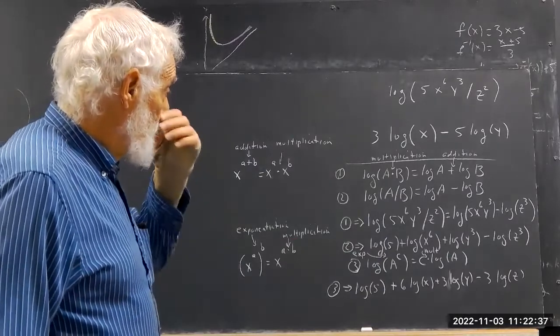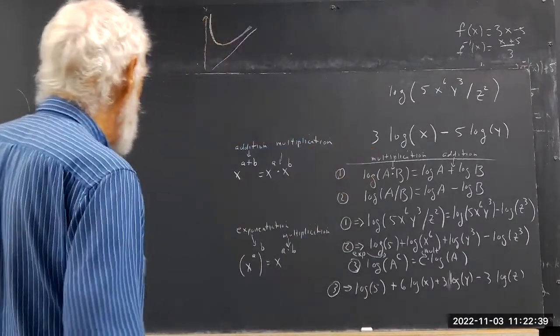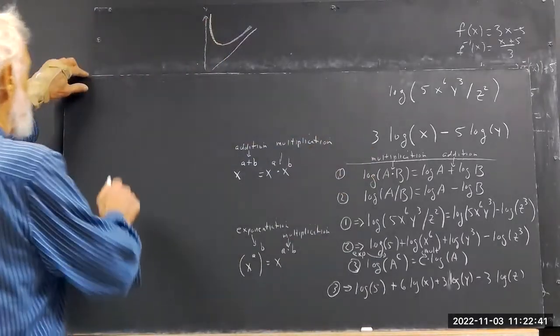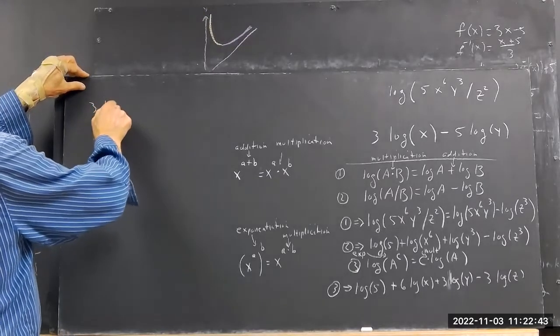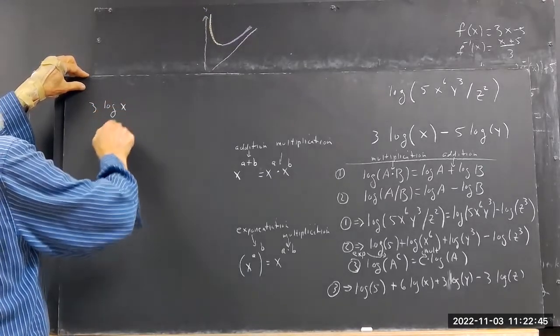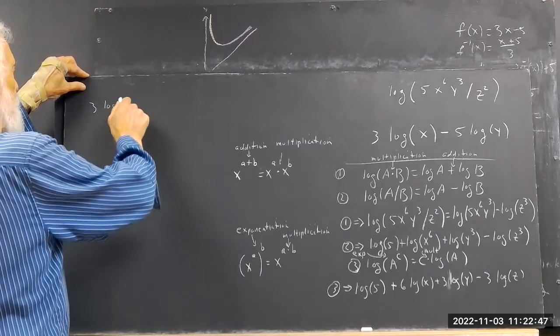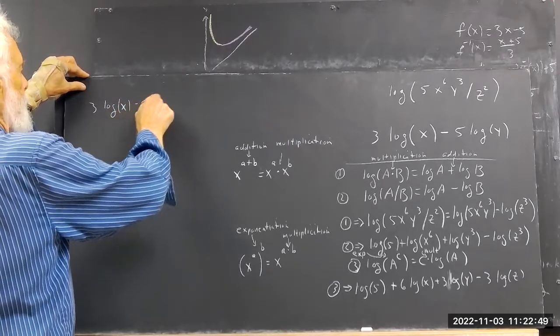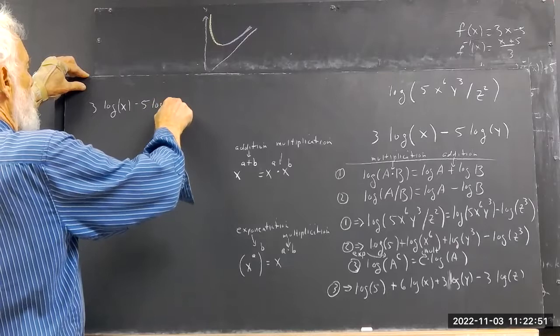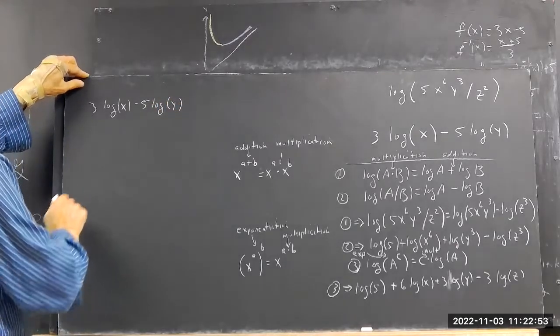Okay. Now let's take the second one. Three log x minus 5 times log y.